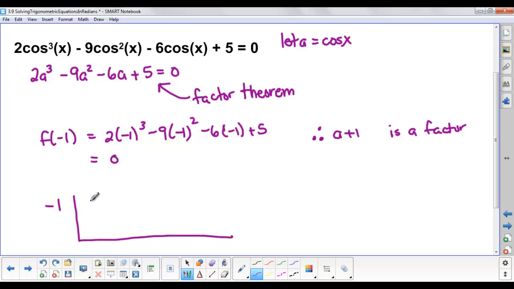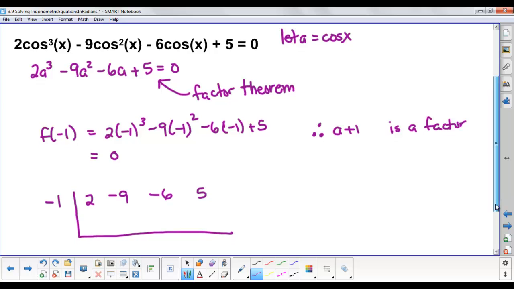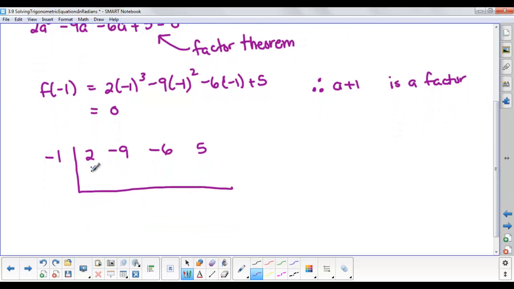So our coefficients 2, −9, −6, and 5, we drop down the first term, multiply, add them up, multiply, add them up, multiply, add them up. So confirmation that I did a good job, I get a remainder of 0.